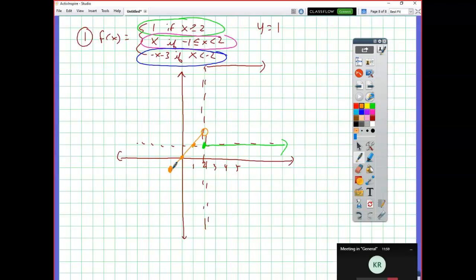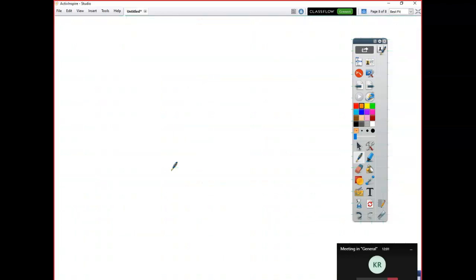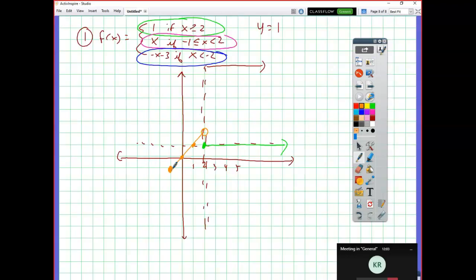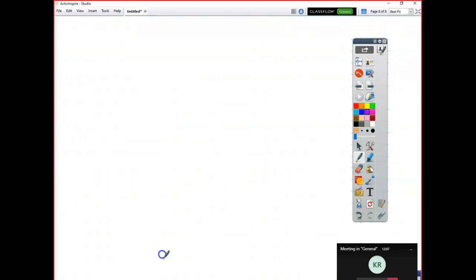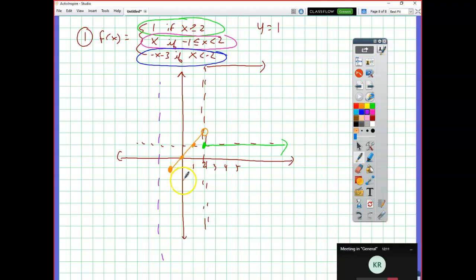Good. All right, and then over the last part, I'm going to go from negative 2. So normally I graph this as negative 3, 1, 2, 3, negative 3. Slope is negative 1, so down 1 over 1, down 1 over 1. But I don't care about this direction.